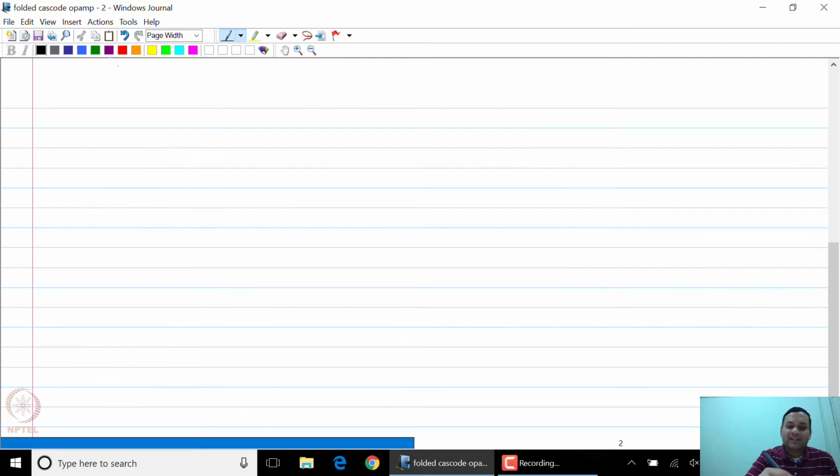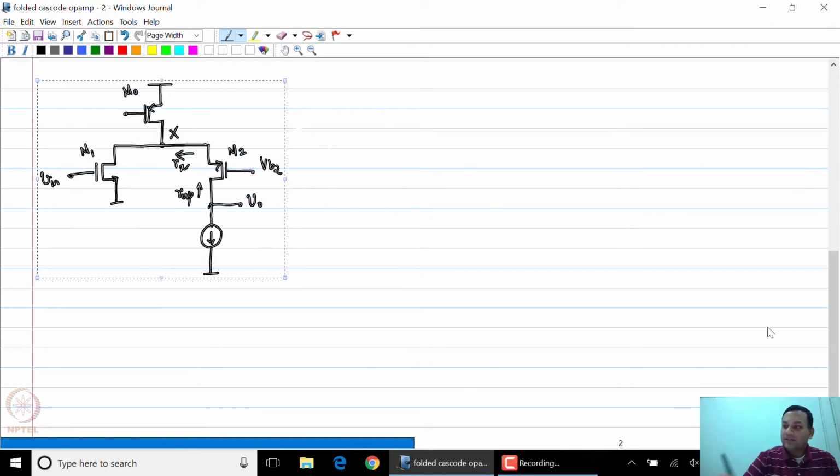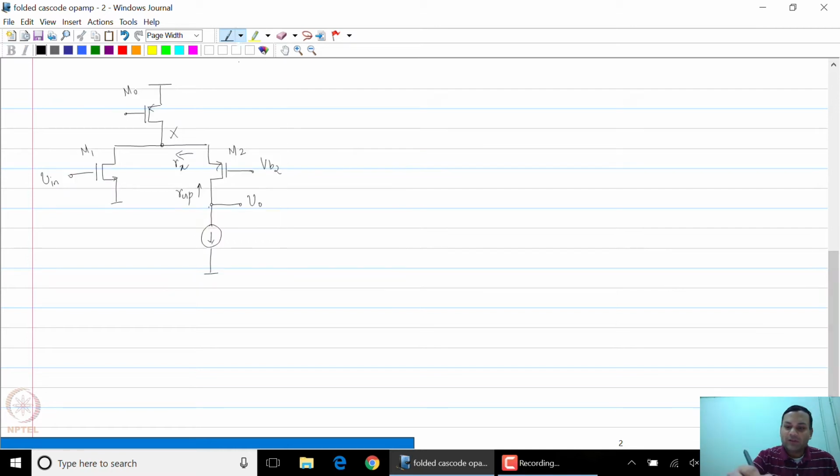So now it becomes clear to us that you need a better current source at the bottom. If you want a better current source, you of course have to use a cascode structure even at the bottom. This will give you an even better output resistance. So let me call these transistors M3 and M4 with gate voltages VB3 and VB4.